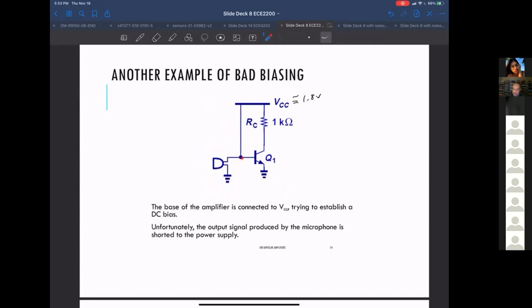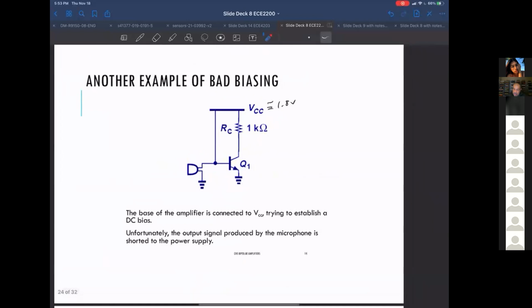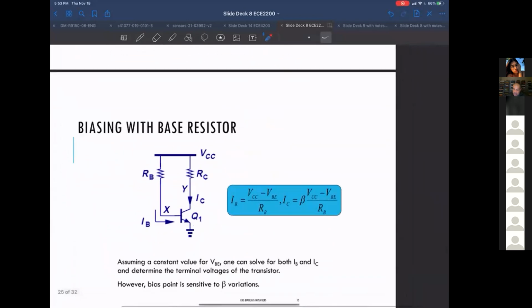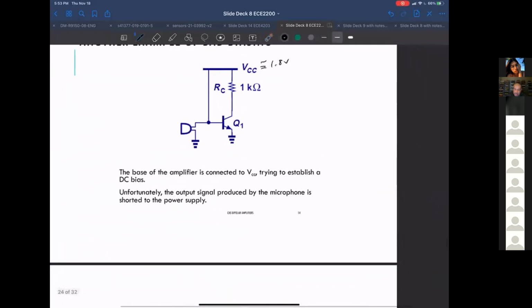But basically the idea is, hey, I want to pull this up somehow. So the next idea is, why don't I pull it up with a resistor? When I pull it up with a resistor here, it doesn't go all the way up to VCC, but goes to where I want it to go. So let me just draw it like this.